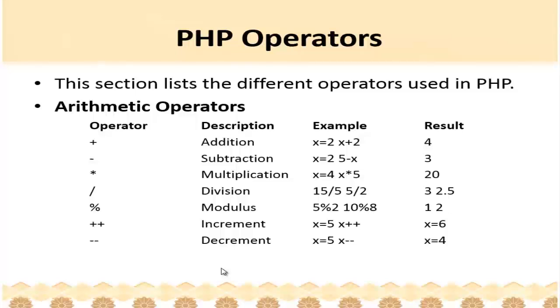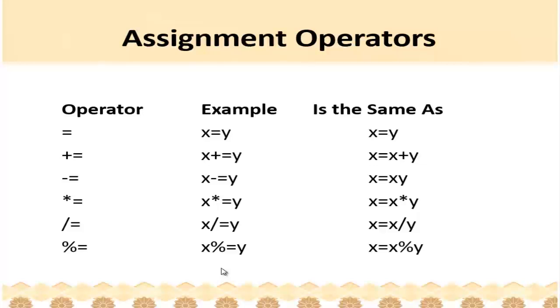If you are not very sure, go to high school and learn about them. And these are the assignment operators. You have the same thing: plus equal to, minus equal to, star equal to, and there is one more that you can think of using, which is dot equal. Remember, dot is a concatenation operator.